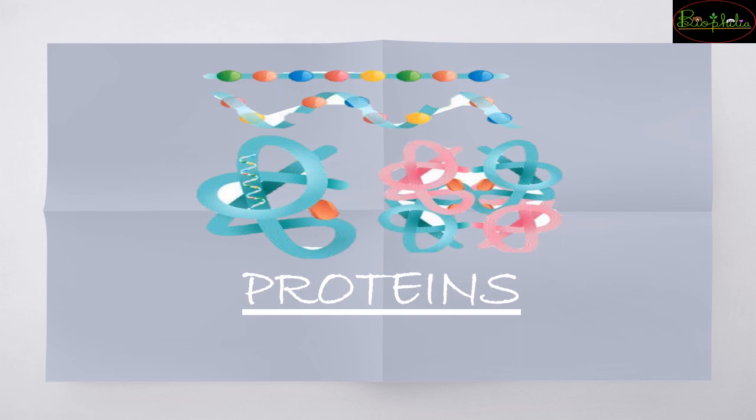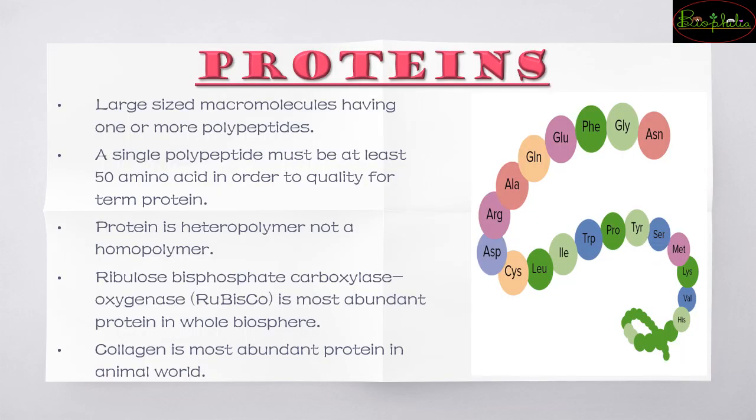Next we see is about proteins. So here in the image you can see proteins are in various forms. So let us see in detail about these different forms of protein. So first of all, what is protein? Protein is a macromolecule. This macromolecule is a large size molecule because it is going to have at least 50 amino acids which are linked together by a peptide bond.